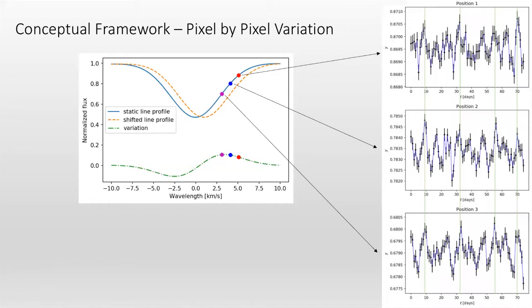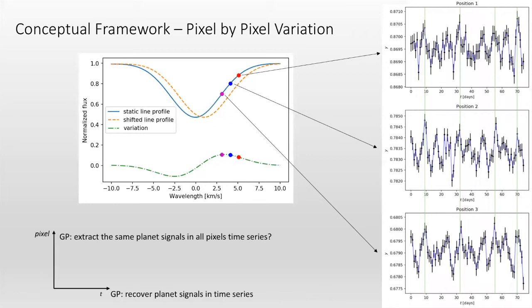Looking at the pixel variation, you can see some common features in these 3 panels corresponding to these 3 pixels. The common feature would be the planetary signal, and the other feature would be the stellar jitter or just noise. So our aim is to extract the planetary signal from all the pixels, because they share the same planetary signal. And maybe Gaussian processes is one of the ways to tackle this problem, because it's successful in recovering signals in time series.